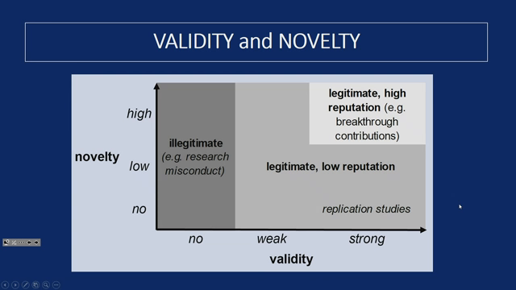Moderate and strong levels of validity and novelty increase the prestige of the publication. And finally, in the top right corner, we find manuscripts with very important scientific claims, which are also supported by strong conceptual and empirical evidence.